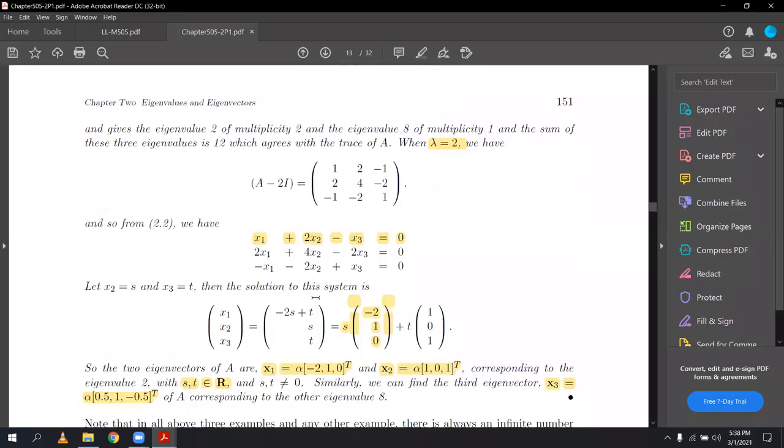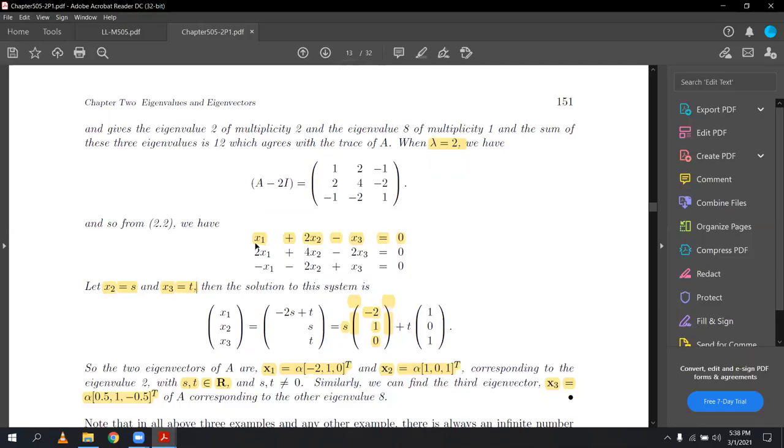I choose x2 equal to s and x3 equal to t, with the condition that s and t should not be equal. If you choose x2 is 1, x3 should not be 1, should be 2, 3, something different.